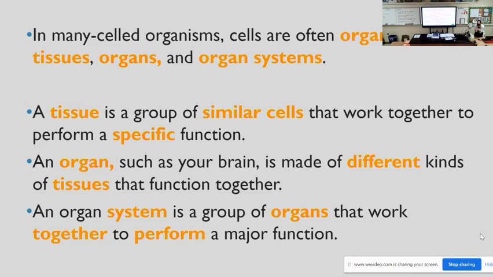So that would be your digestive system, which has your stomach, your small intestine, large intestine, your esophagus. That all works together to take in food when you eat it, and then you digest the food, and it takes the energy and the materials and chemicals from the food, and then you pass the materials that you can't break down and digest as waste. But that performs that major function for your body.